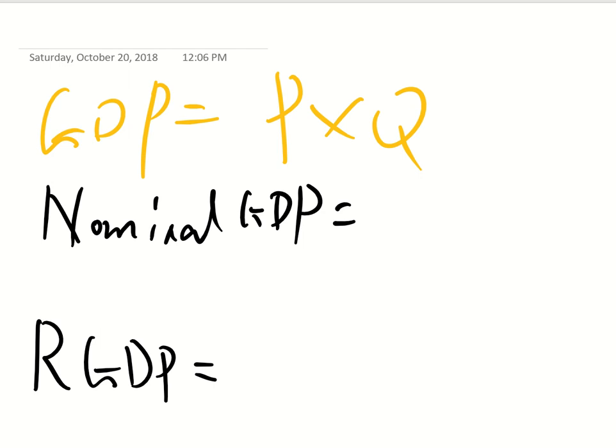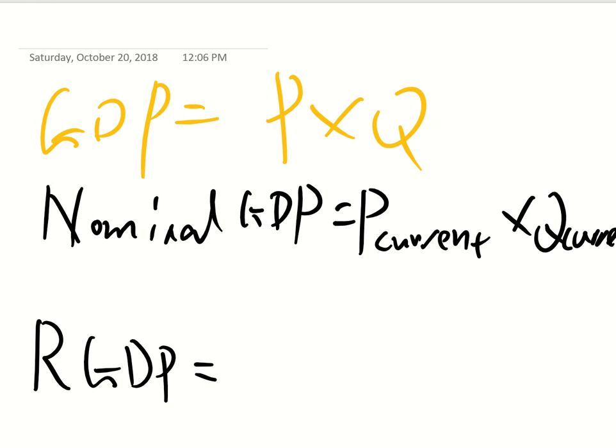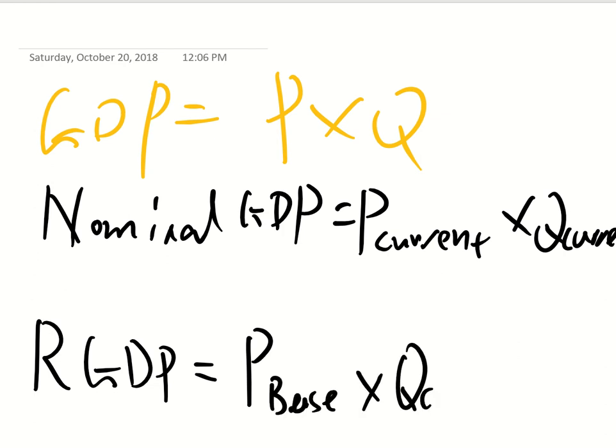So for nominal, you take the price of each year, the current year prices, times the current year quantity. Real GDP is your price in base year times your current year quantity.